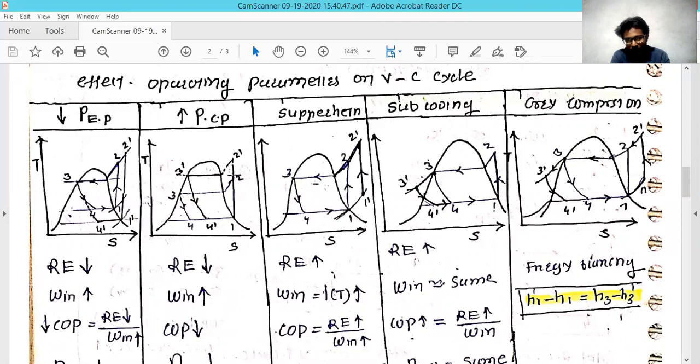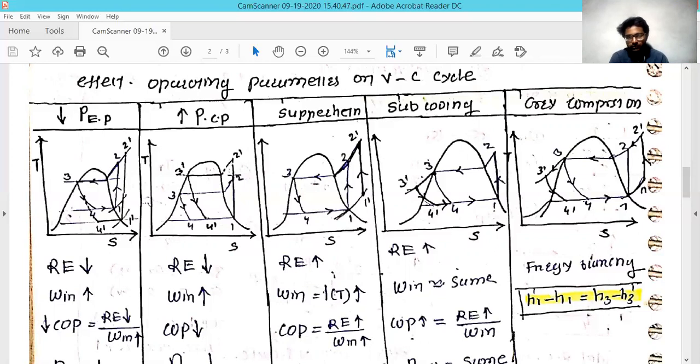The second condition was moved from the 1 to 2 portion to the 1 dash to 2 dash condition. So in this condition, we clearly see on the diagram that previously the refrigeration effect was from 1 to 4, but now it turned out to be 4 to 1 dash.